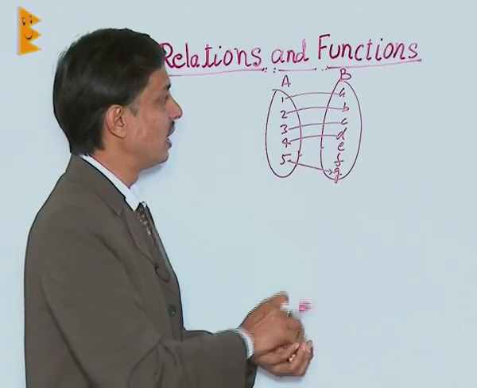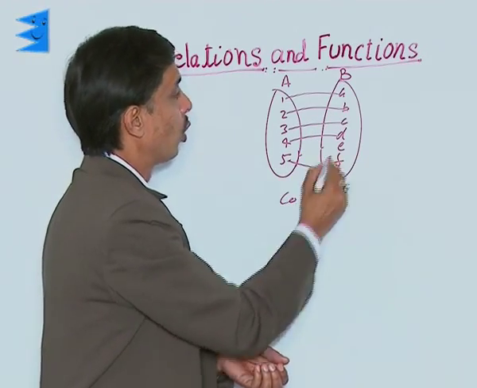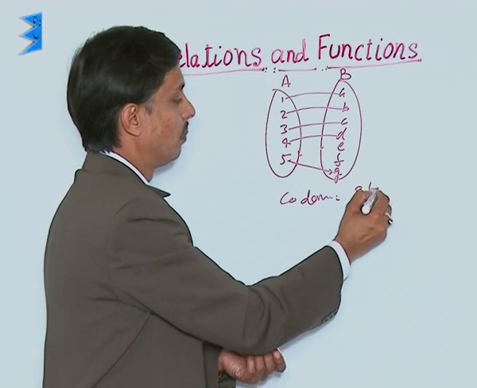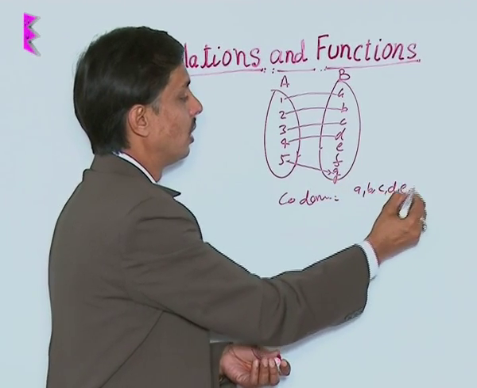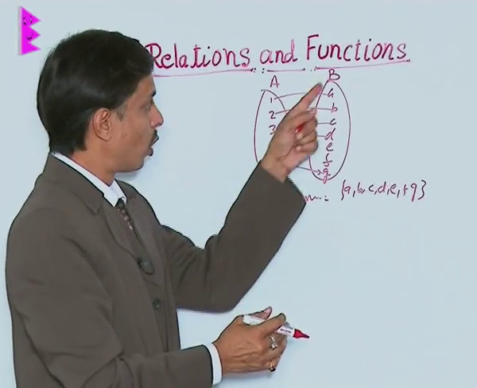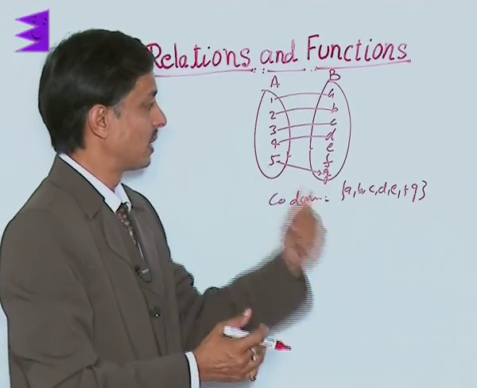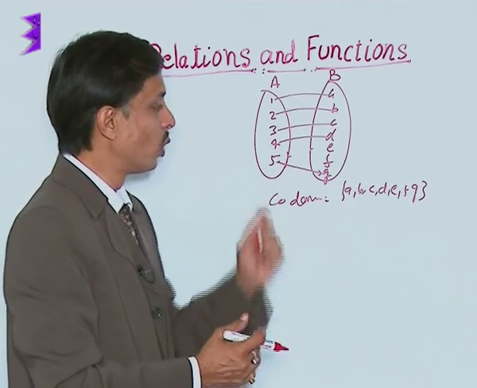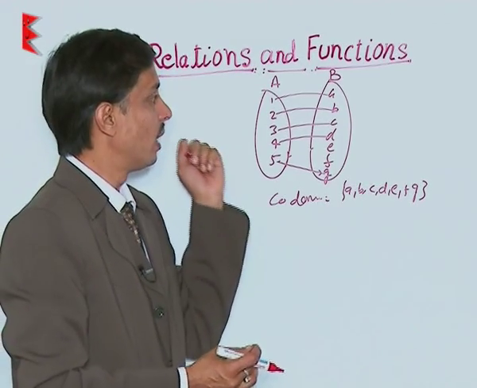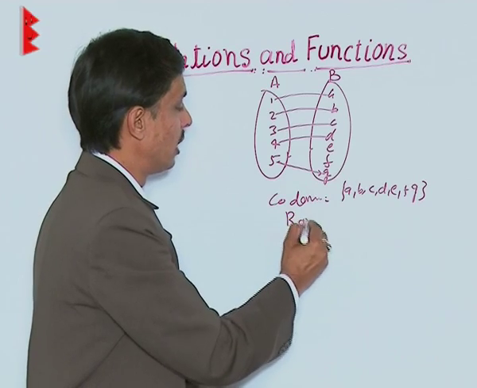So the codomain of this function is A, B, C, D, E, F, G. All elements of the second set are known as the codomain, but only those which are used for imaging, for mapping, are known as the range.